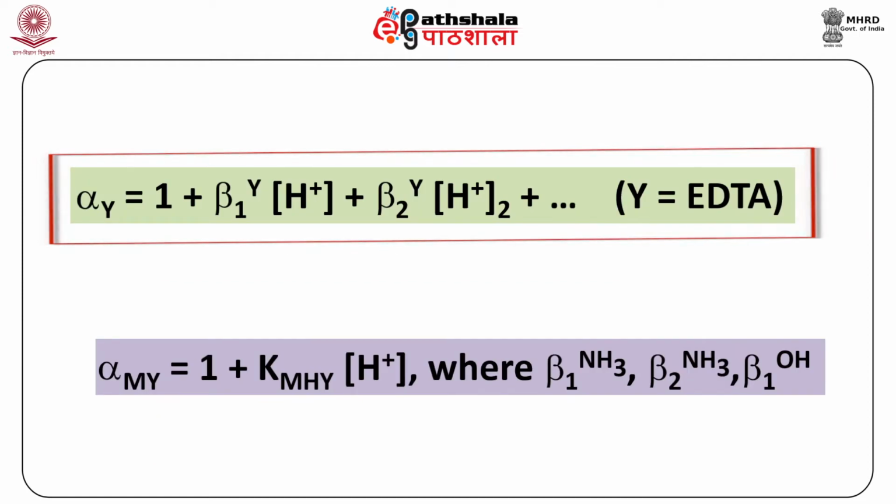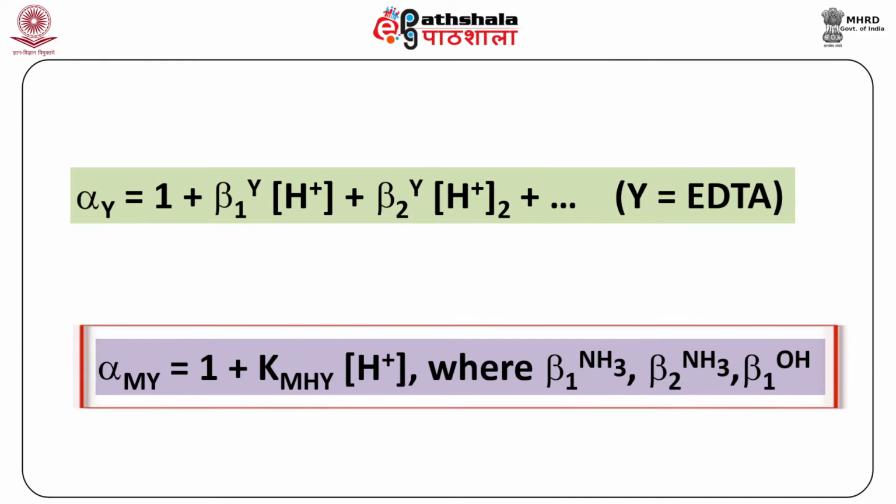As well, alpha Y over here is equal to 1 plus beta 1 H plus concentration plus beta 2 for YH2 concentration whole square. Here Y is EDTA.